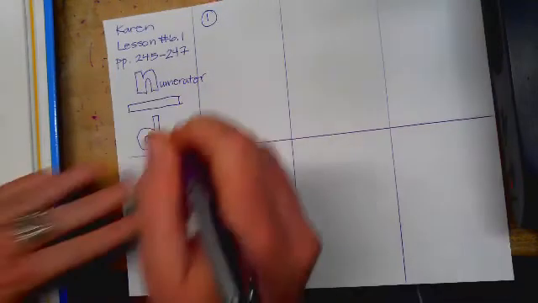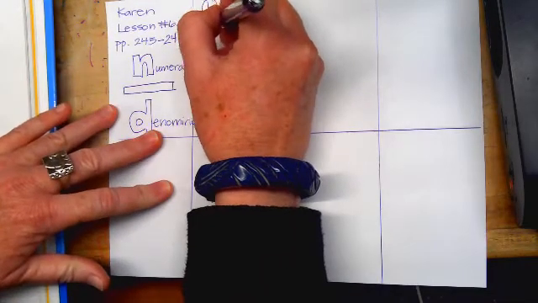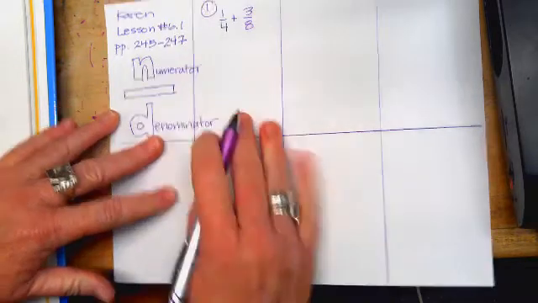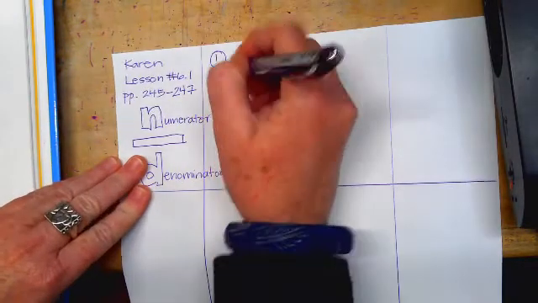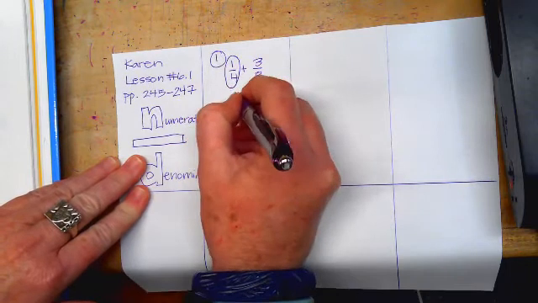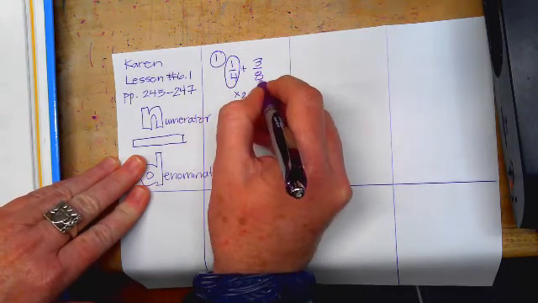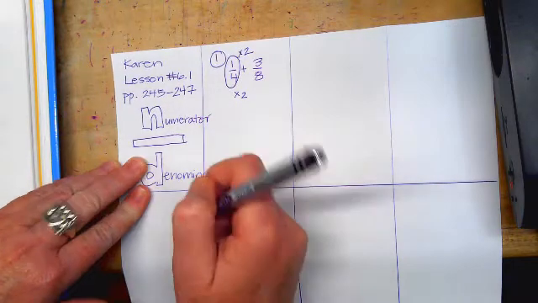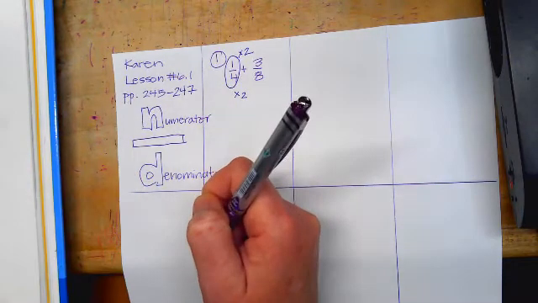So if we start out with 1/4 plus 3/8, this can't stay as it is. We're going to multiply it by 2 so that it becomes an 8. And if we do something to the bottom, fractions are always about fairness.